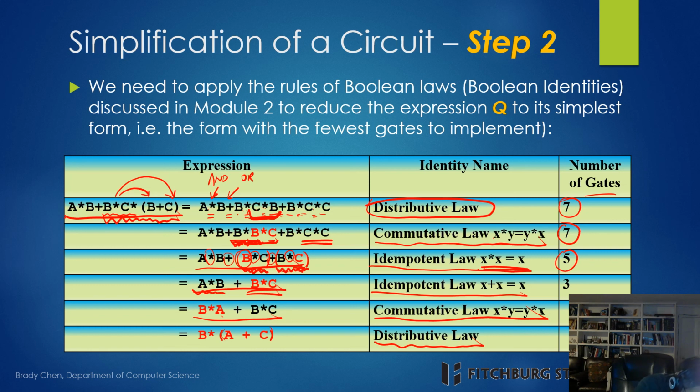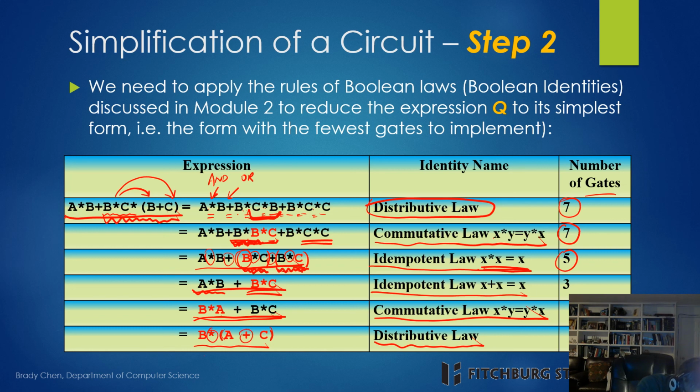Now we can actually keep the logic expression like this, but I want to do it further. Why? Can you tell me the reason why? Because that way I can reduce the number of gates even further. Now there are two operators.